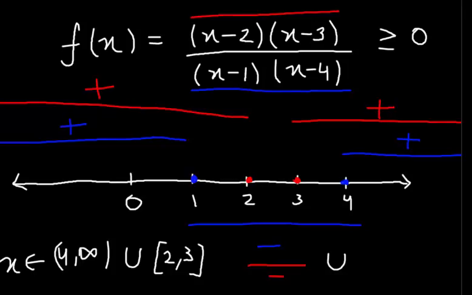And finally, we will have this interval from -infinity to 1. In this interval, the sign of f of x is positive, and we are not going to include 1. We are not going to include the square bracket with 1 because f of 1 is undefined. So these three intervals are part of the solution set. You can just take the union and you're going to get the final solution. So hopefully this video made sense to you.